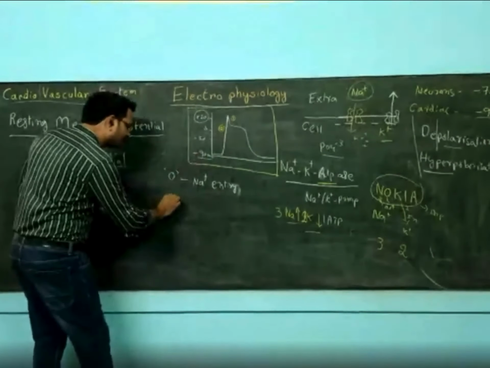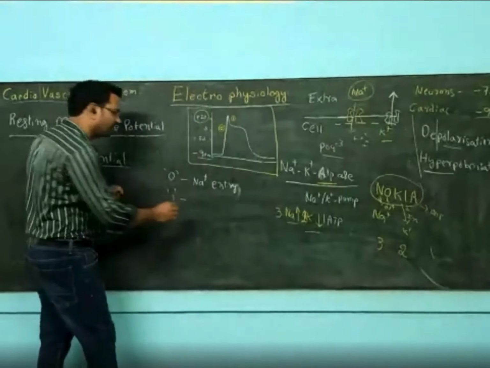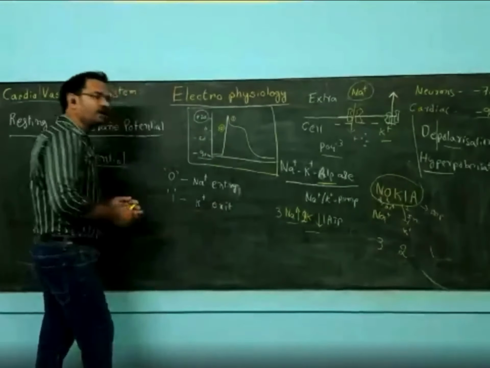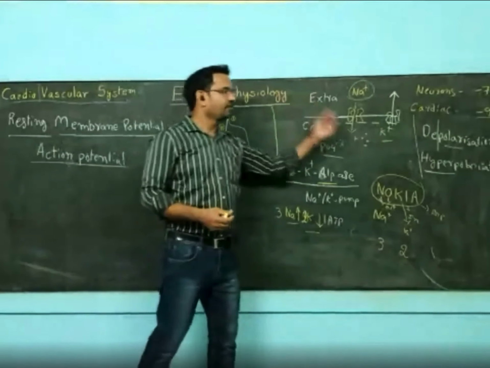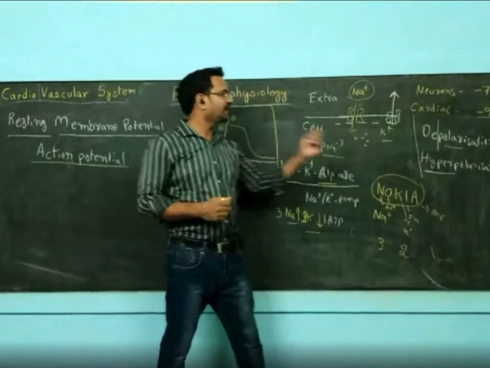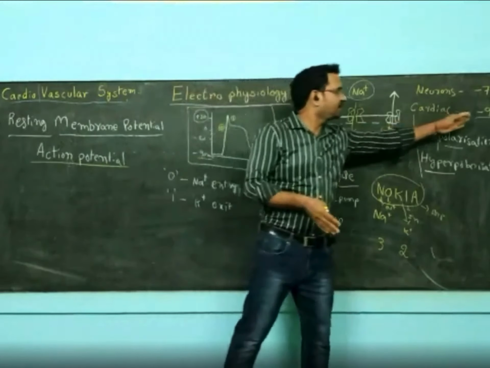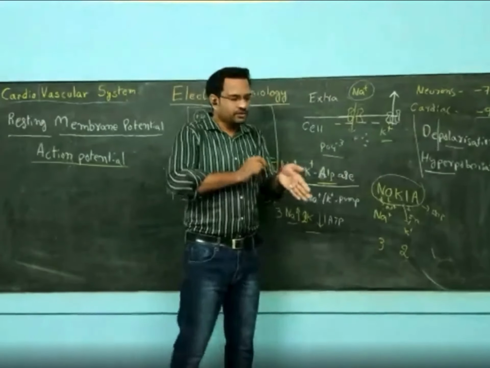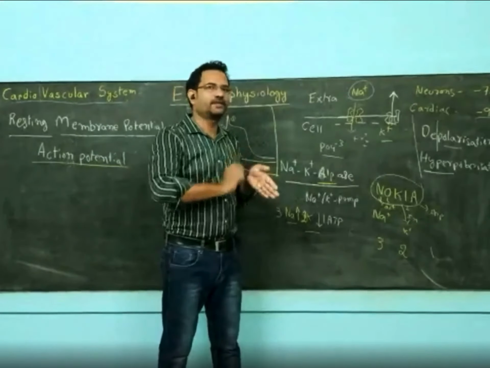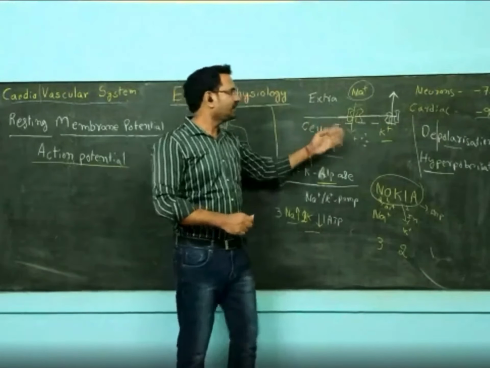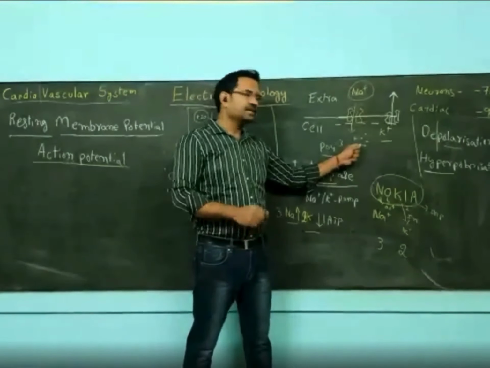Now this phase is because of potassium exit. I told you at the beginning, sodium channels are always closed, but there are certain potassium channels which are open. At the resting potential, they will be slightly open. So slowly potassium will be leaking out of the cell. See, what has happened with the sodium entry, the charge is reversed.